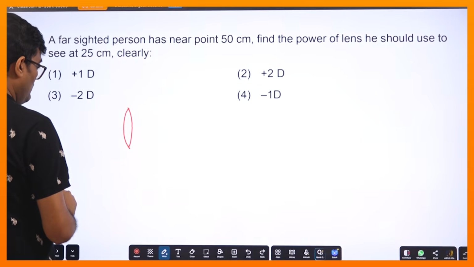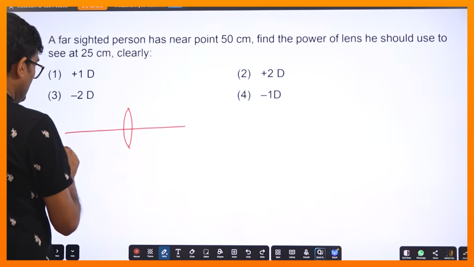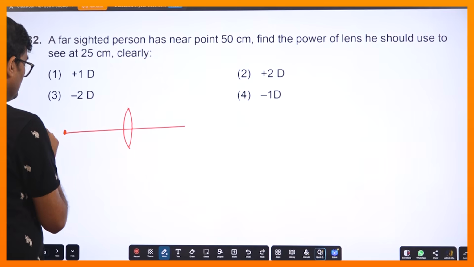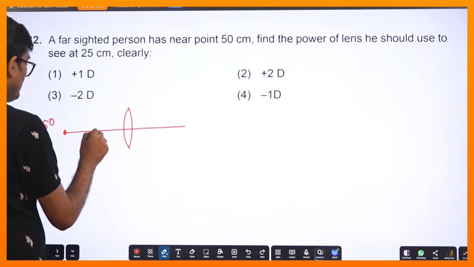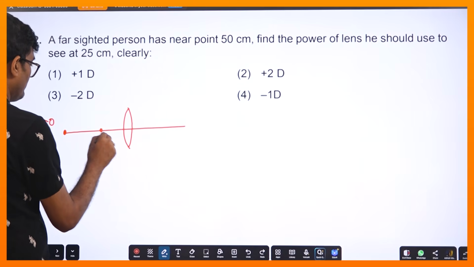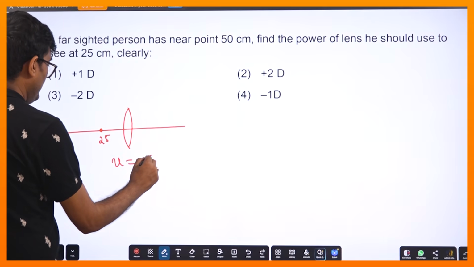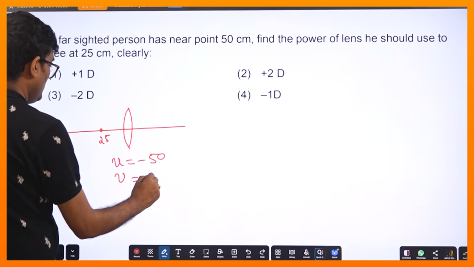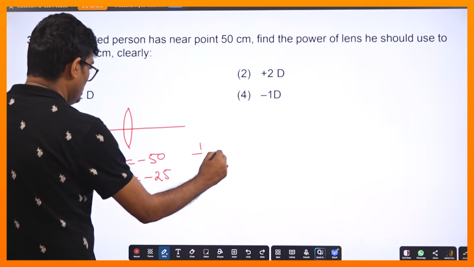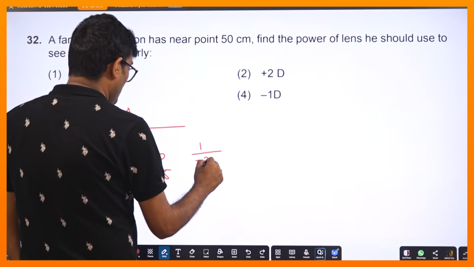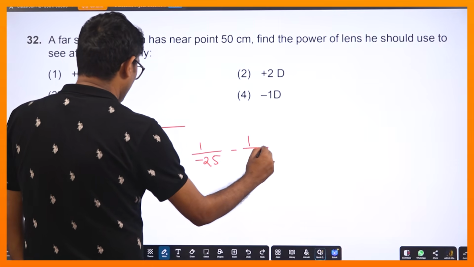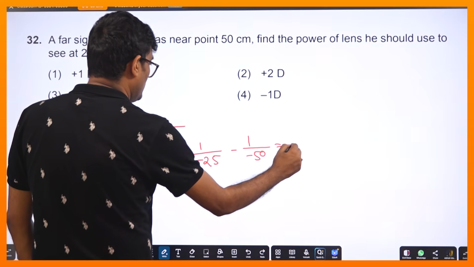So if it is a lens, the person has to see this object at 25 centimeters, right? So if u is equal to minus 50, v is equal to minus 25, I can use 1 by v minus 1 by u is equal to 1 by f.